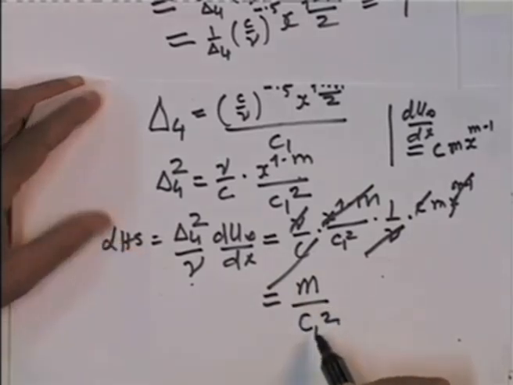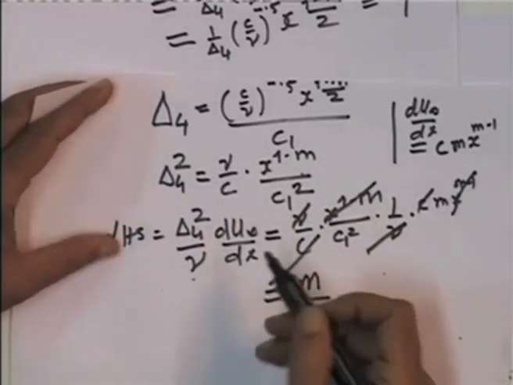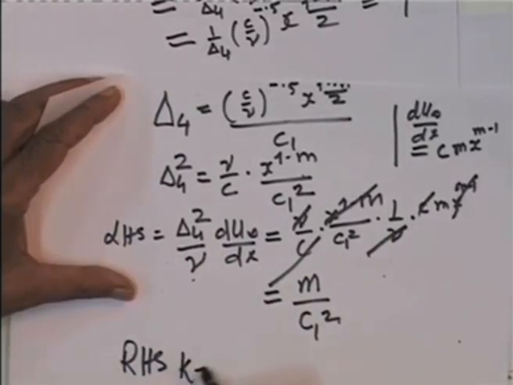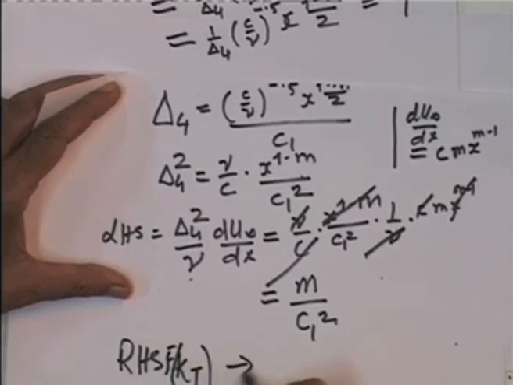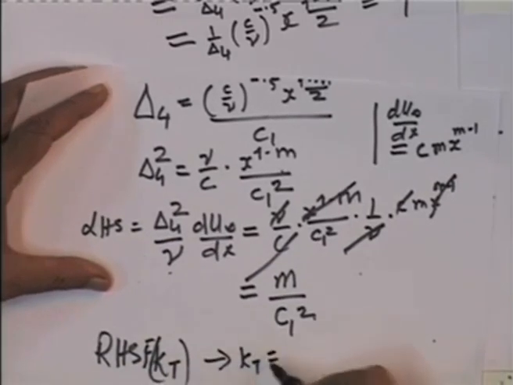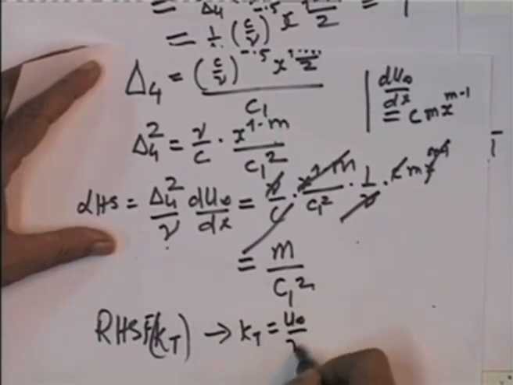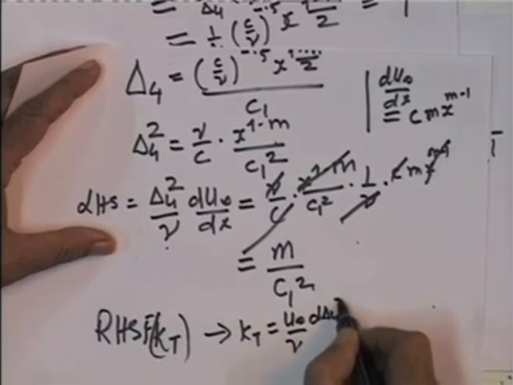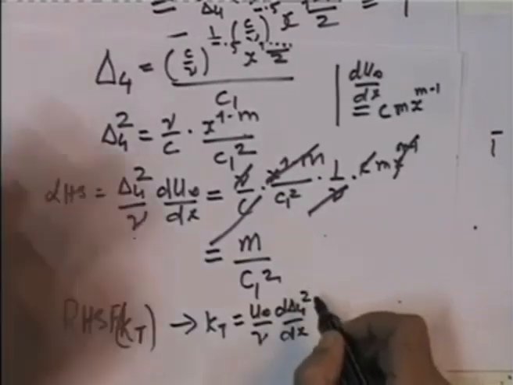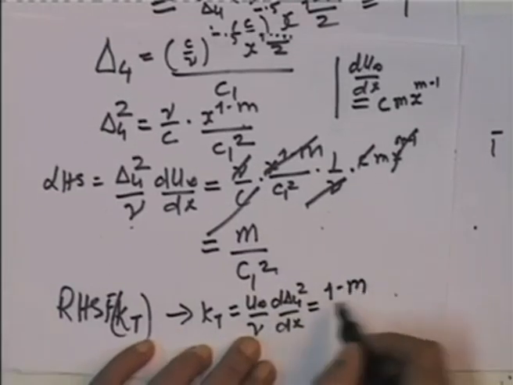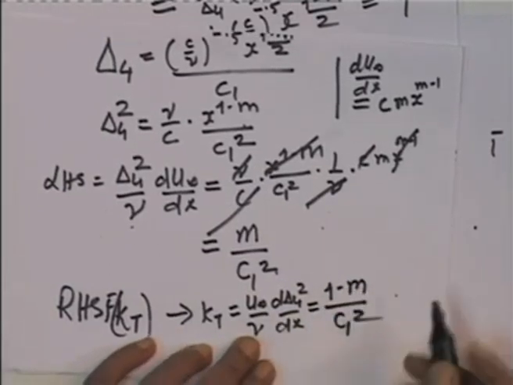If I follow the same logic, then the right hand side, that is kappa t, which is a function of kappa t, where kappa t equal to u infinity by nu d delta 4 square by dx, can be shown to be equal to 1 minus m divided by C 1 square.